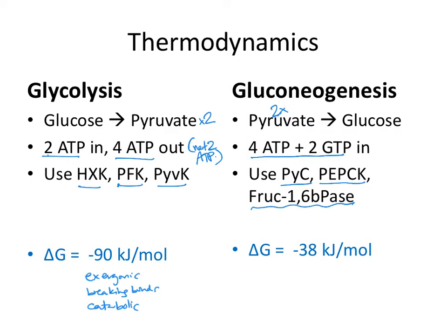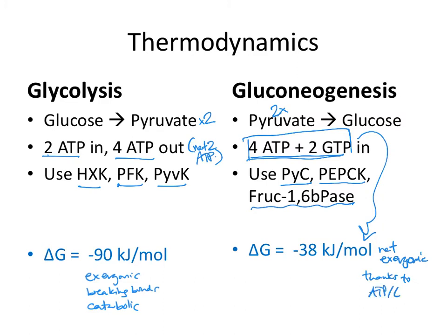It's because we're using these high energy molecules that we can run gluconeogenesis as an exergonic reaction. So this is going to be net exergonic thanks to ATP and GTP hydrolysis.